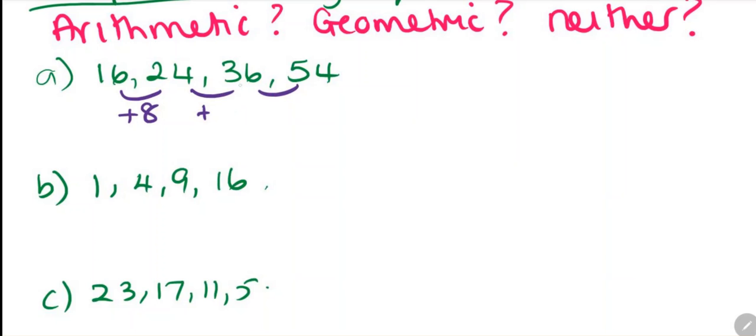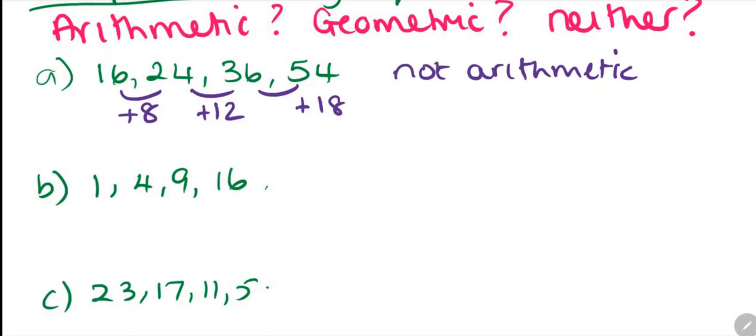Or if we do 36 minus 24, the difference is 12. So 36 to 54, the difference is 18. So this is not arithmetic.